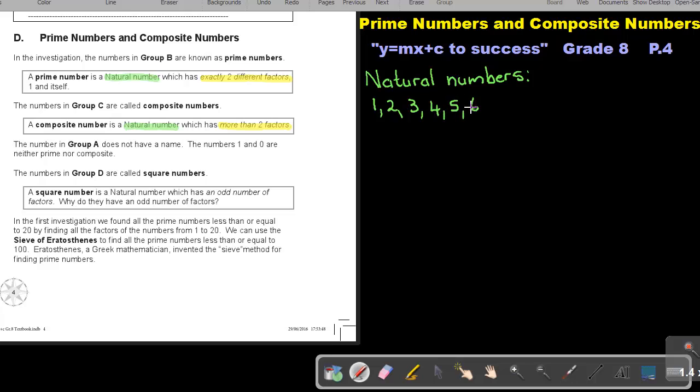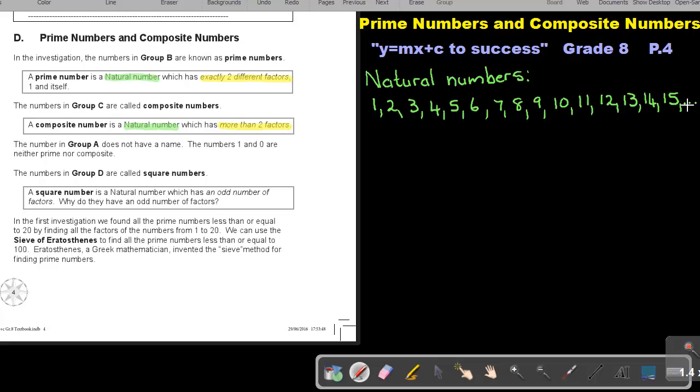It's like you are counting. I'm going to write quite a few just to help you then to classify them into prime numbers and composite numbers. So this is the row, and it basically just continues from there on.